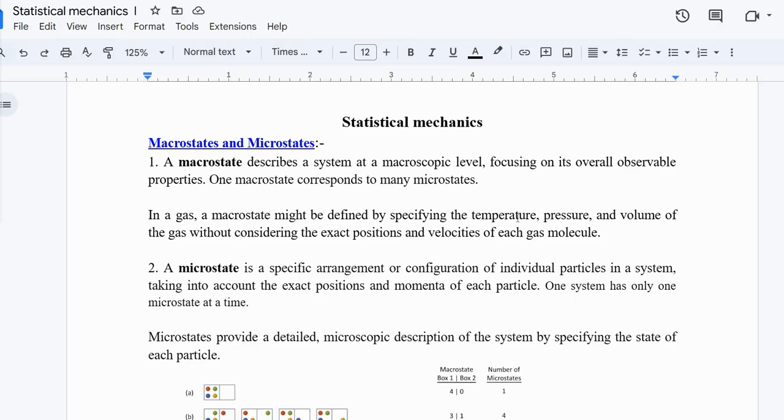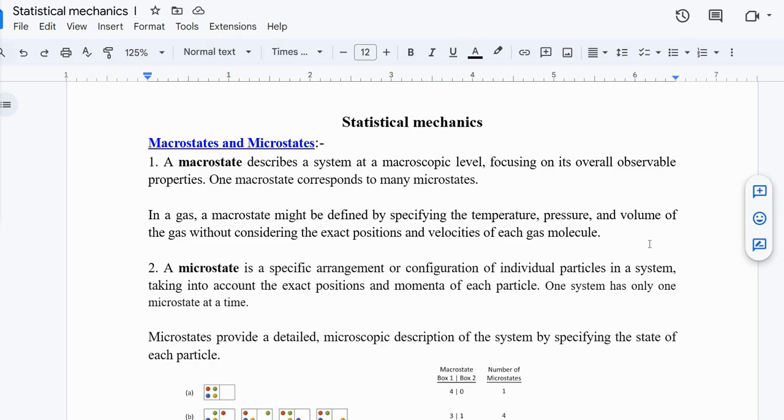Now we know that temperature, pressure, and volume really depend on the position and the velocity of the particles. The position and the velocity of the particles are defined by the microstates. So what is a microstate? A microstate is a specific arrangement or configuration of individual particles in a system, taking into account the exact position and momenta of each particle.